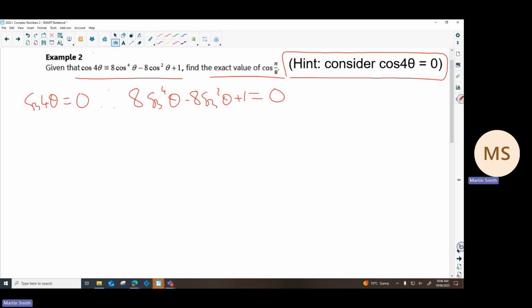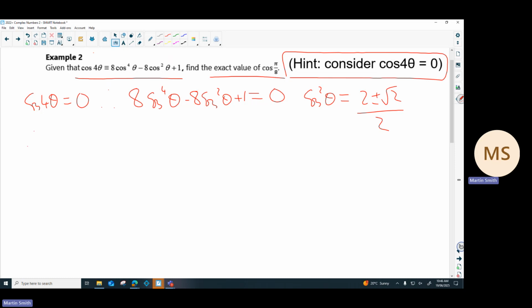So if you solve that on your calculator, you can get the value of cos squared theta. This is using a is 8, b is minus 8, and c is 1. This solves to give cos squared theta equals 2 plus or minus root 2 over 4.